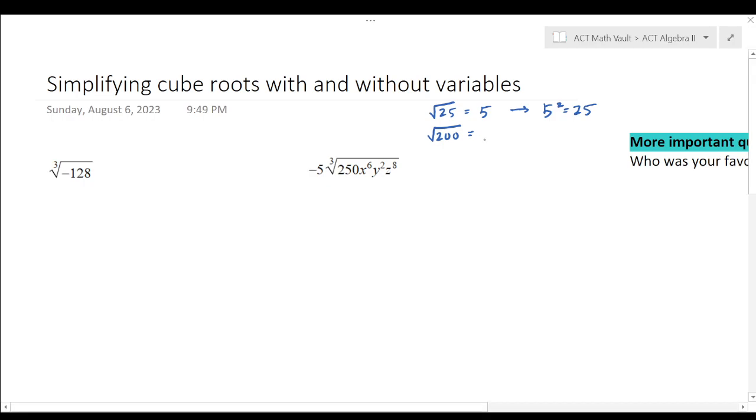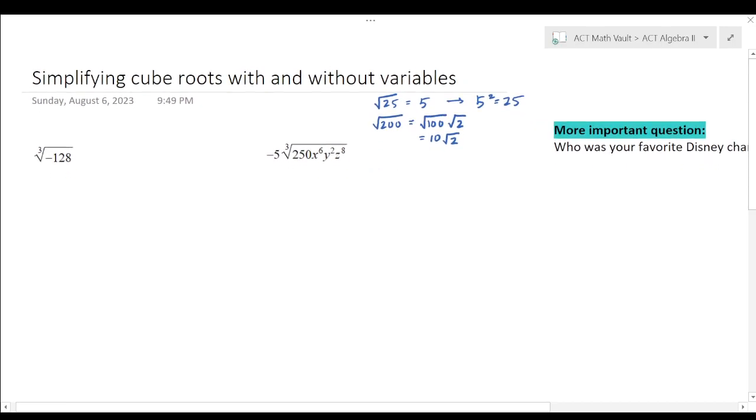So instead we take out the biggest perfect square, which is 100. You can also do the factor tree method, but with this being a timed test, we want to do these as fast as we can. So you might as well take out the biggest perfect square because it's a number that includes all those smaller factors in one swoop. That becomes 10, and the root 2 can't simplify, so the square root of 200 is just 10 root 2.